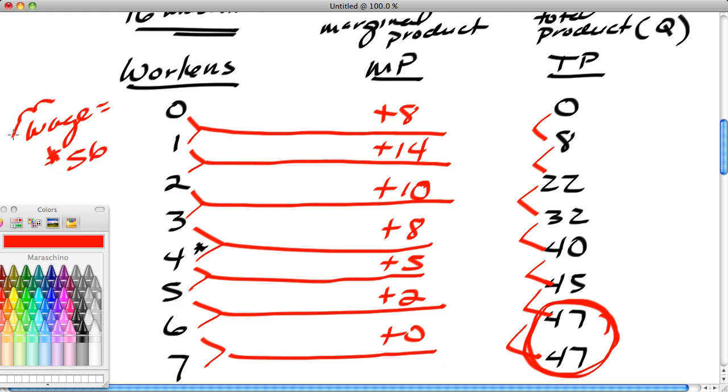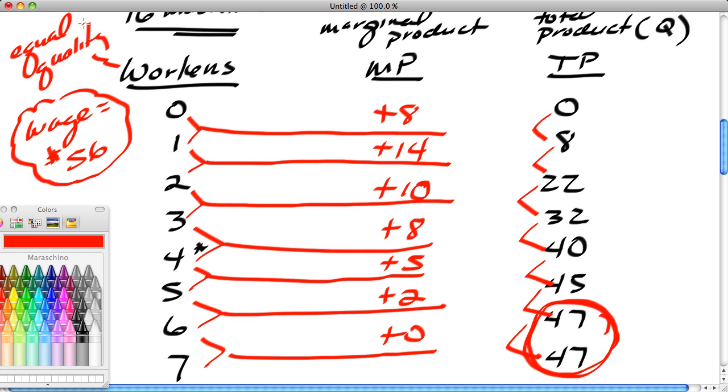Every worker is being paid the same rate. Why? Because every worker is assumed to be of what? Equal quality. So they all have the same experience, they all have the same training, they all have the same motivation, etc. So equal quality workers get paid equal wages in a fair world.